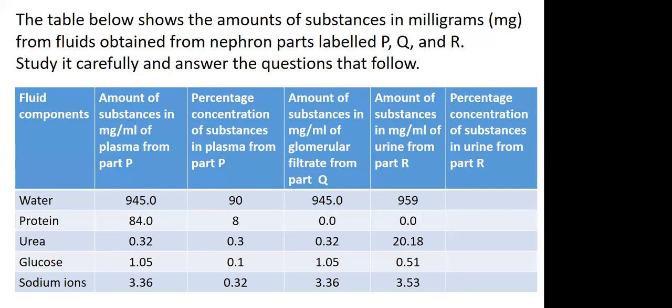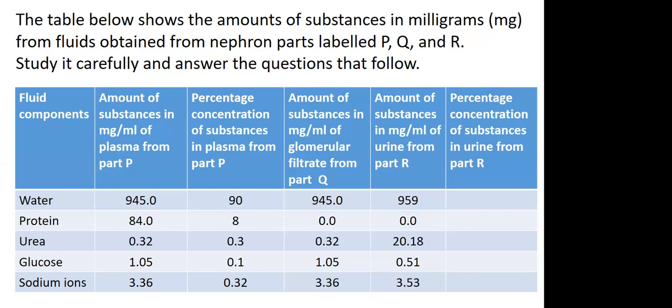The table below shows the amounts of substances in milligrams from fluids obtained from the nephron parts labeled P, Q, and R. So the nephron has parts P, Q, and R. We are being told to study the table carefully and use the information in the table to answer the questions that are attached. So we see 6 columns.